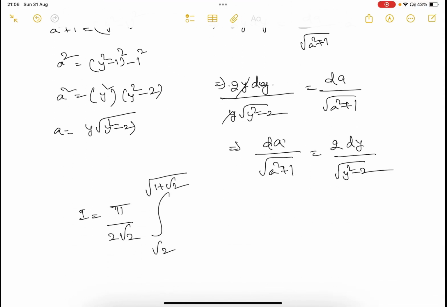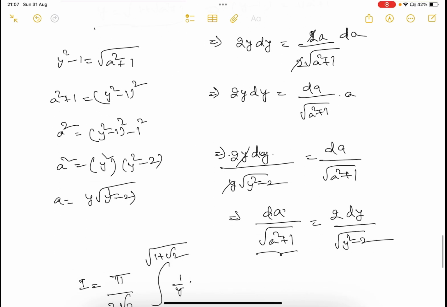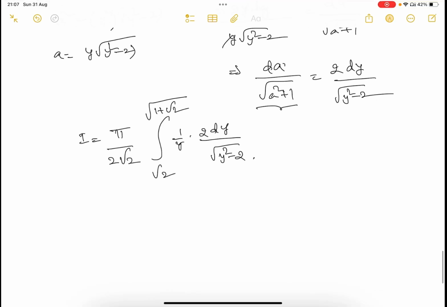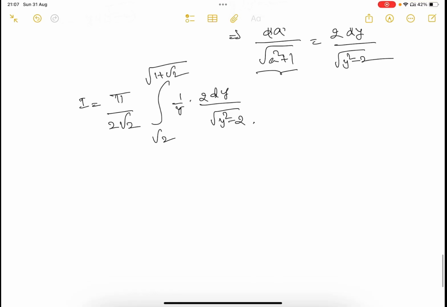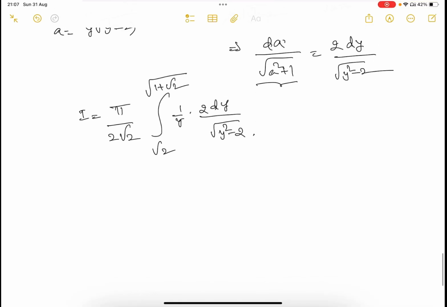This will be 1 by y into dA by root a square plus 1, right? This is dA by root a square plus 1. Then this is 2 dy by root y square minus 2.